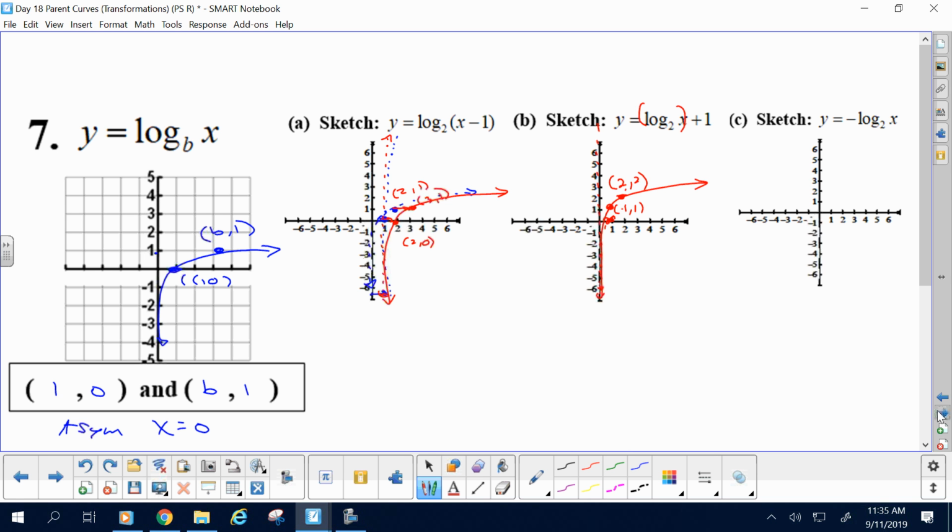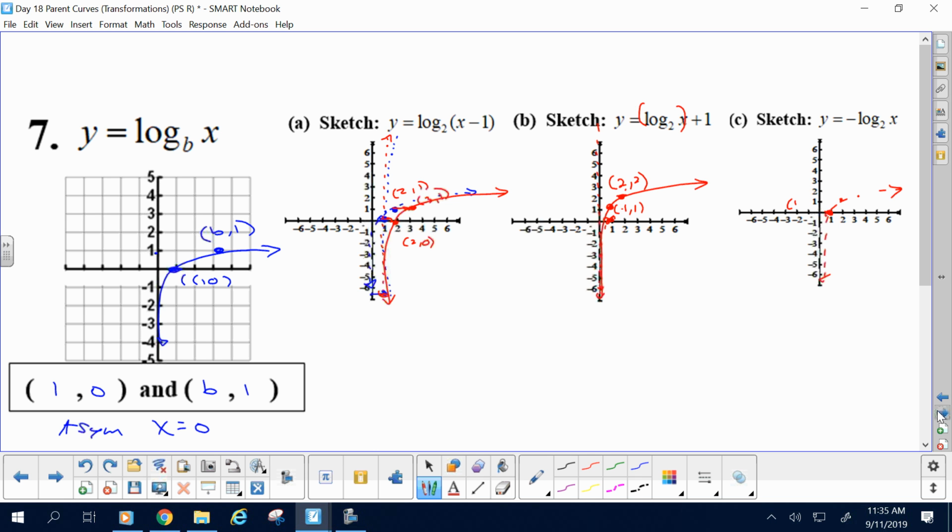Let's try a negative and a reflection in there. Okay, so y equals log base 2 of x, again, we know is 1, 0, 2, 1, heading down. What does the negative do? Reflect it side to side or up and down? Up and down. So if you reflect it up and down, then what point doesn't change? 1, 0 is still there.